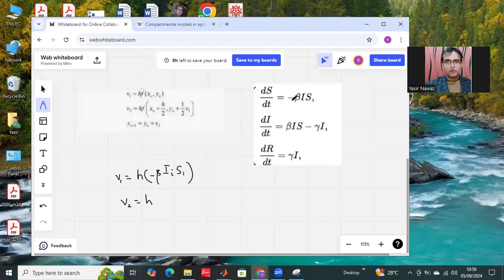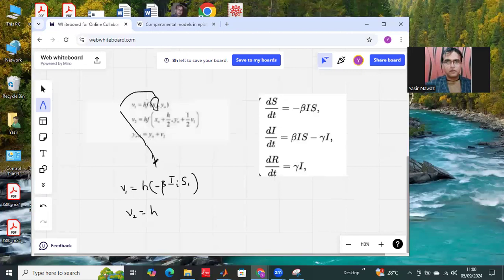These equations do not contain any independent variable; only the derivative of the dependent variable equals an expression in the dependent variables, so xn will not appear in this formula. Xn is the independent variable. Yn is the dependent variable, and here there are three: one is S, another is I, and the third one is R. Three dependent variables.